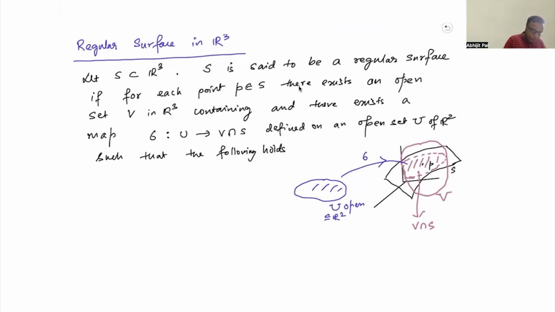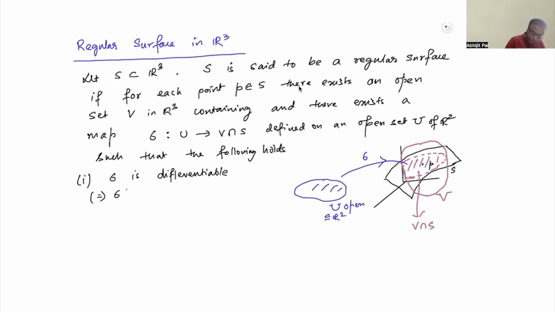Okay, so first, what we want is that this sigma is differentiable. So what does this imply?